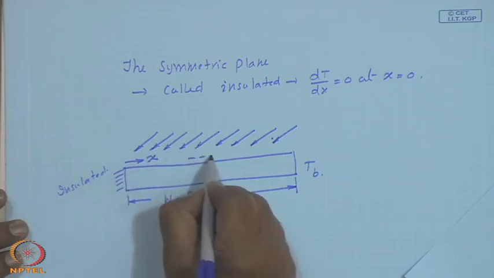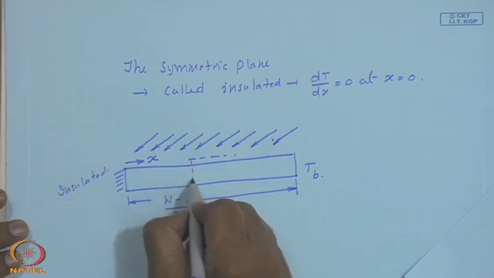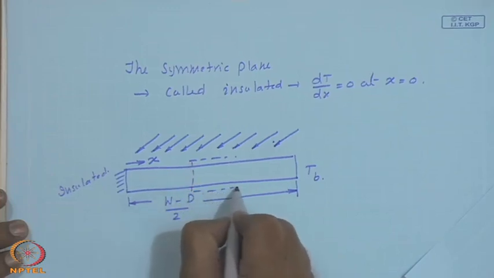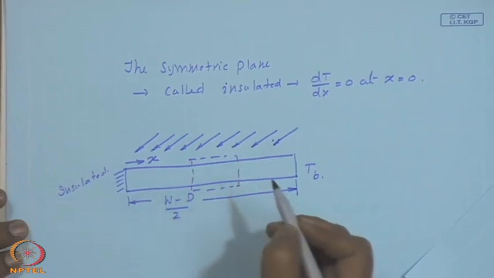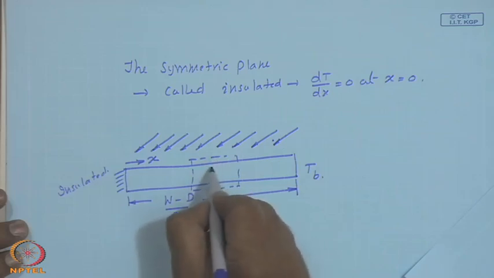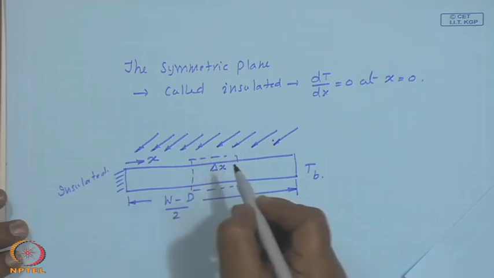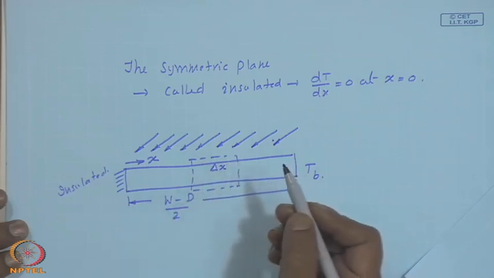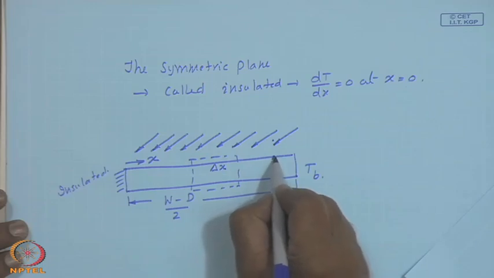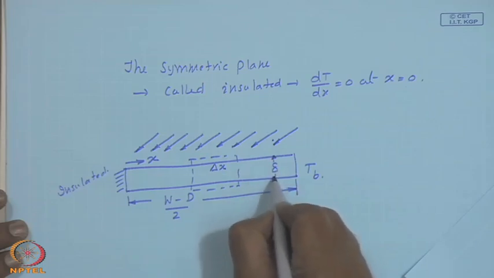I take an elemental volume of width or length delta x, and of course, this is delta.